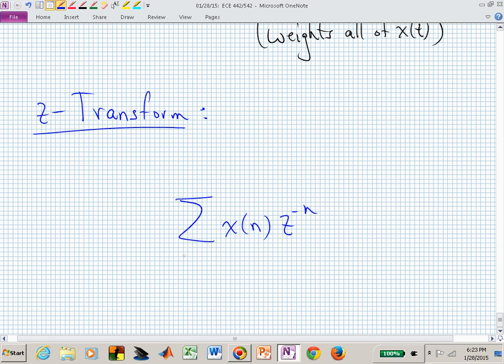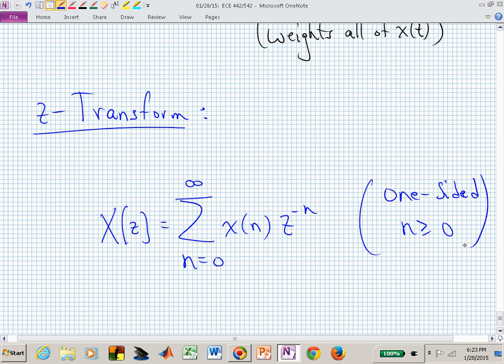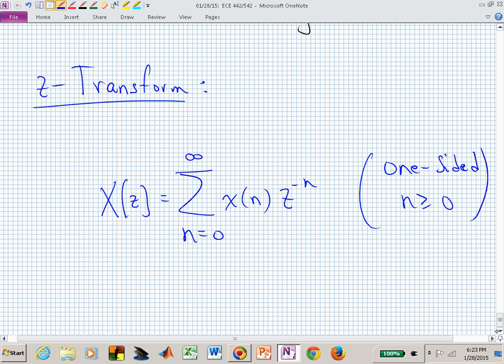Instead of integrating, now we sum from n equals 0 to infinity. This is now our one z transform. We can call this the one-sided because we're only interested in values of our time domain waveform, little x of n, when n is non-negative, or n greater than or equal to 0.